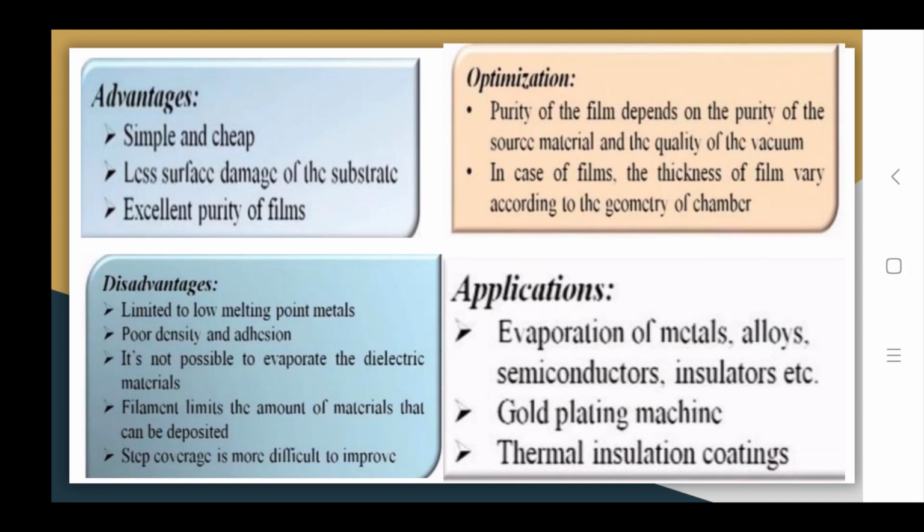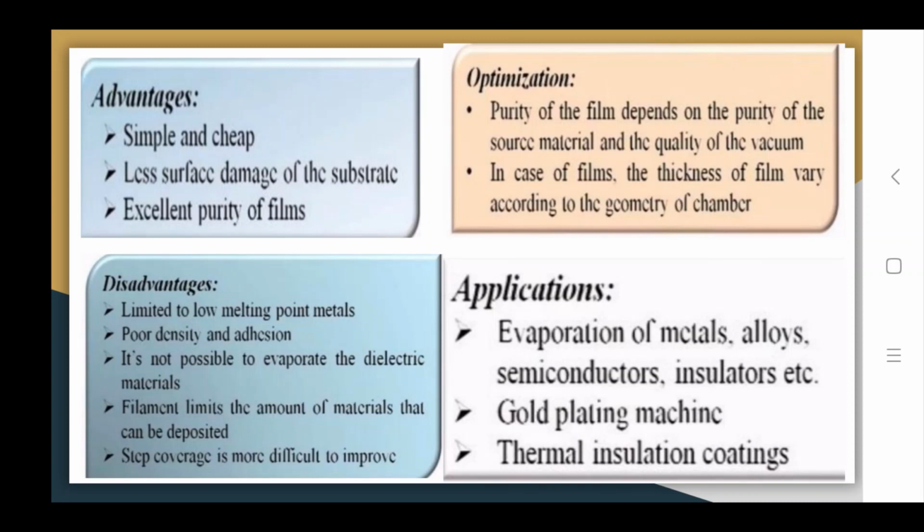If the target metal is a little bit sticky, or maybe there is some kind of oil, or glaziness absorbed, then automatically that material will deposit onto that surface, but there will not be any bonding between these two metals. Then it is not possible to operate with dielectric metals. Filaments limit the amount of metal that can be deposited. Then step coverage is more difficult to improve. So there are a lot of disadvantages possible.